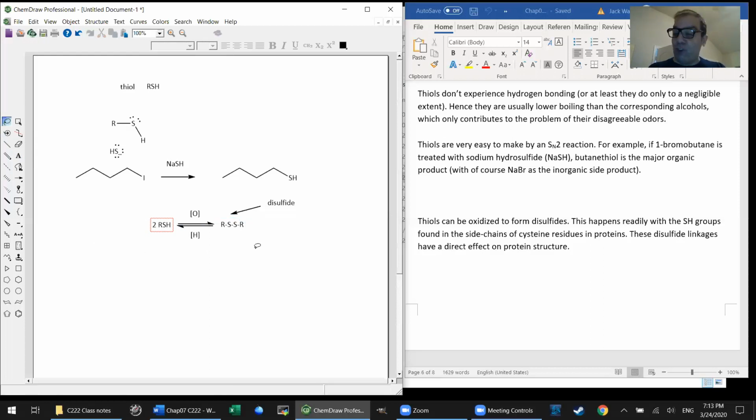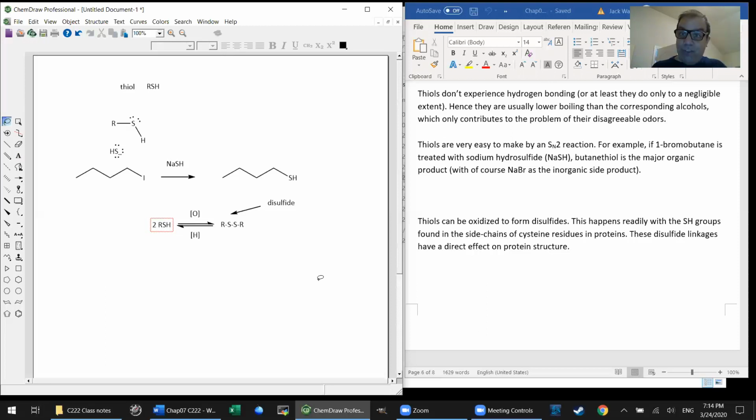This becomes super important in proteins where the amino acid cysteine is a thiol, has a thiol functional group. And so you can have some cysteine residue over here in some protein and some other one over here that might be 200 amino acids away. And you can bring these two together and oxidize them and form this disulfide linkage.